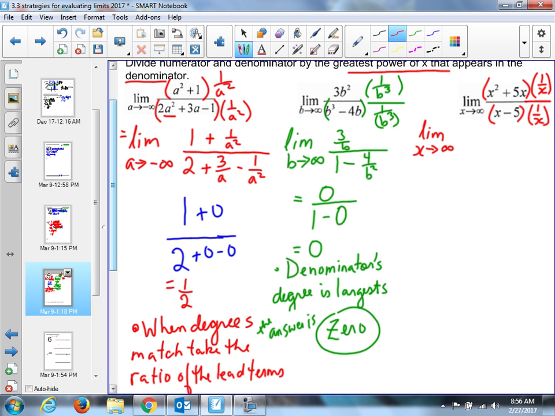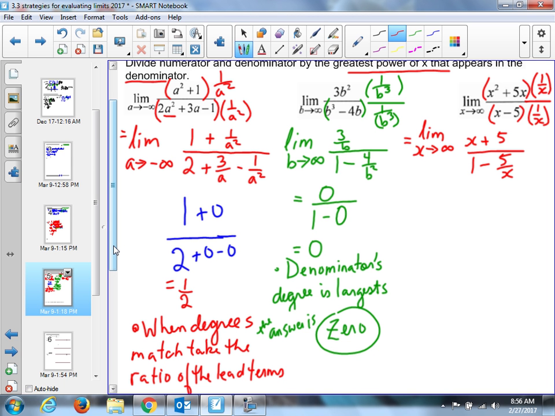I rip that through the terms. So it's equal to this. All x squared over x. So that's equal to x plus 5. That's it. 1 minus 5 over x.